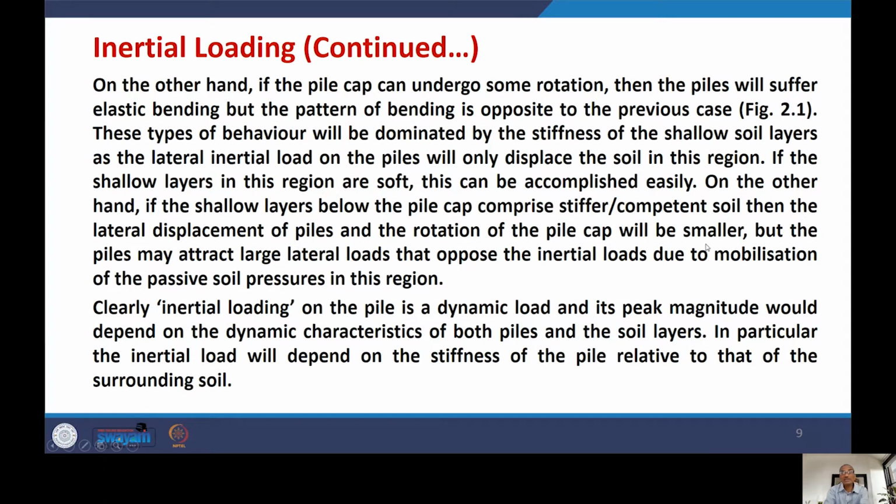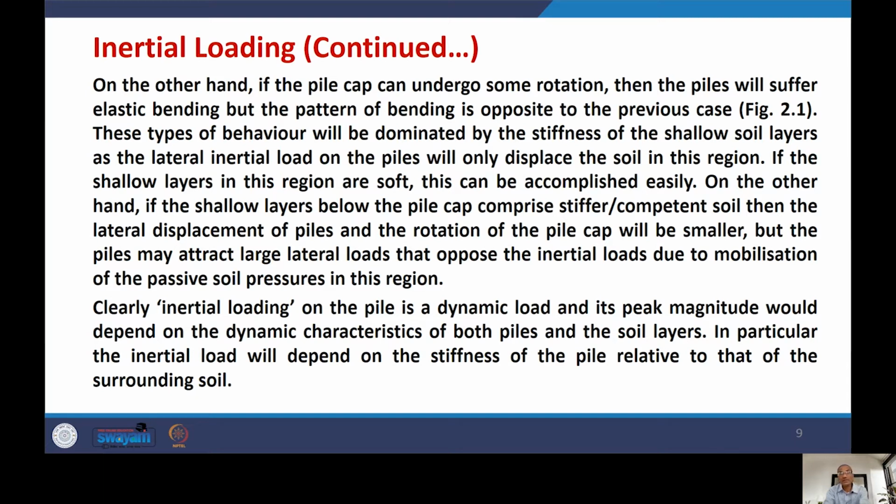If the shallow layers in these regions are soft, then this can be accomplished. On the other hand, if the shallow layers below the pile cap are stiffer or competent soil, then the lateral displacements of piles and the rotating pile cap will be smaller. The piles may attract large inertial loads, due to the mobilization of the passive soil.